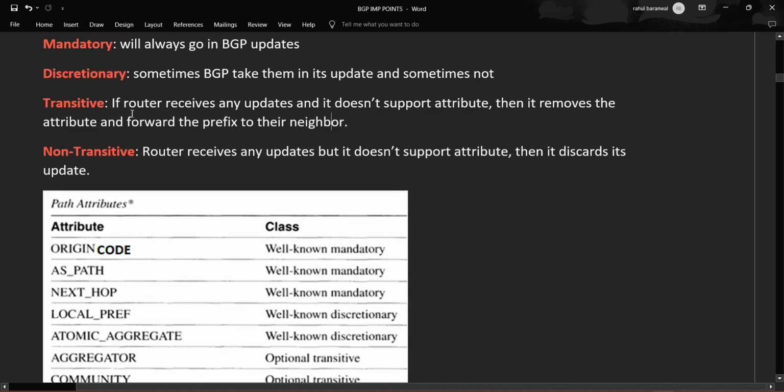Our next criteria is the transitive attribute.